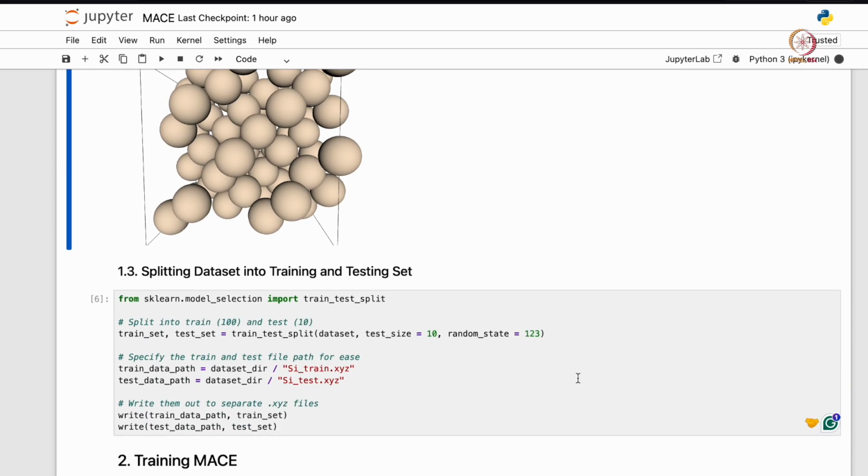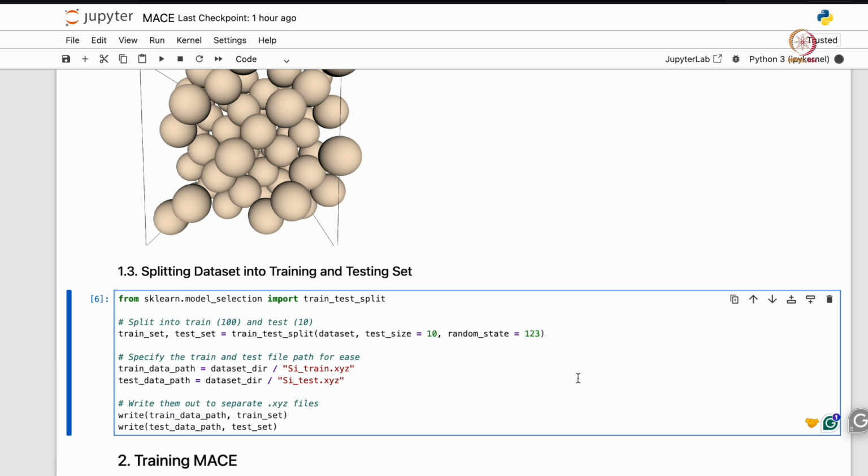Now what we do is take this ab initio molecular dynamics data set at 800 Kelvin and split it into test and train. This data set has various configurations of this Si64 and the corresponding energies.